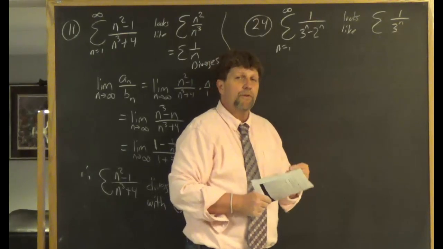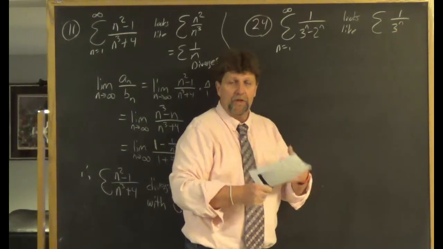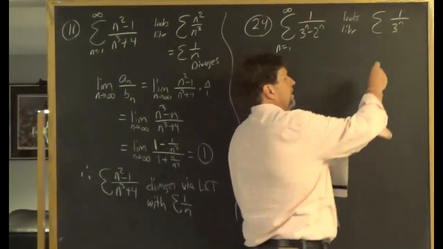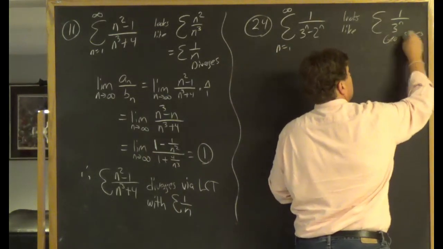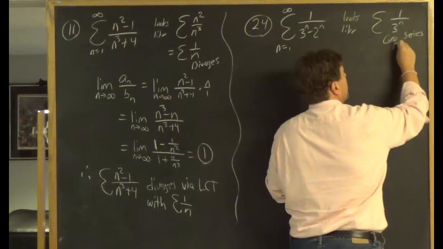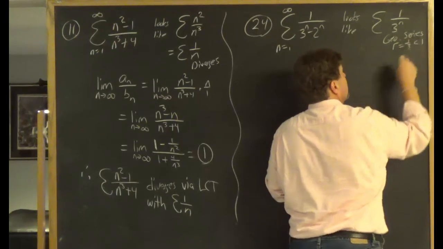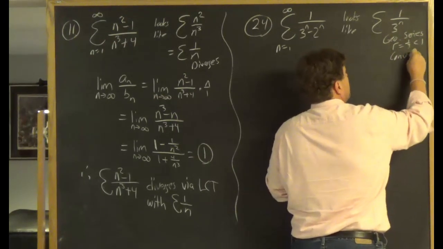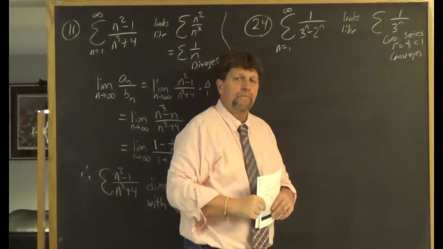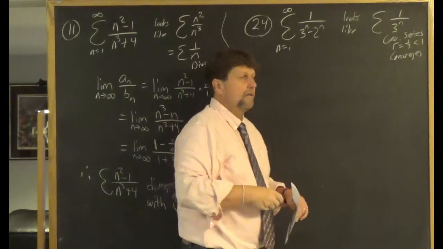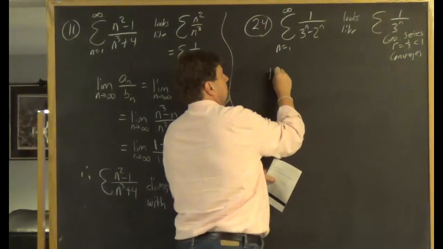You know 1 over 3 to the n is the same thing as 1/3 to the n. That means this is a geometric series. R is 1/3, which is less than 1. So we know that b sub n converges. So let's look at our limit comparison test.